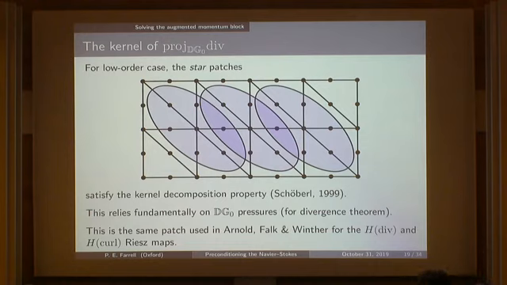Well, for the low order case, CG2 DG0, Joachim Schöberl proves in his PhD thesis in the 90s that the right space decomposition is this one. I call this the star patch, the star around the vertex. That's the word from algebraic topology for the construction we're about to make.